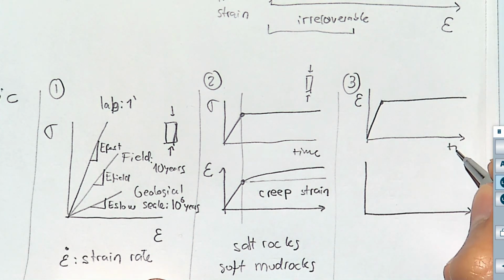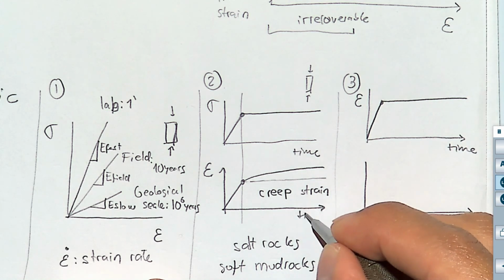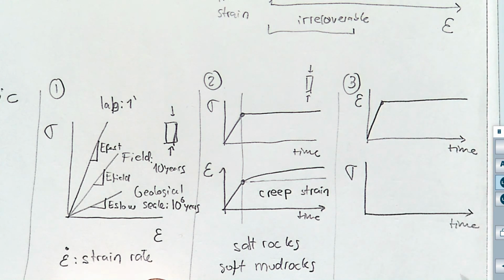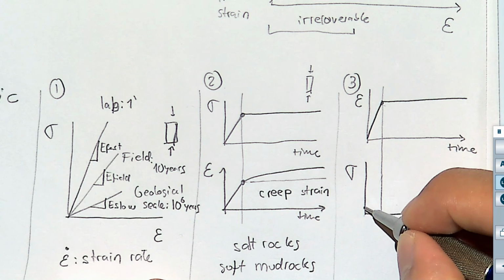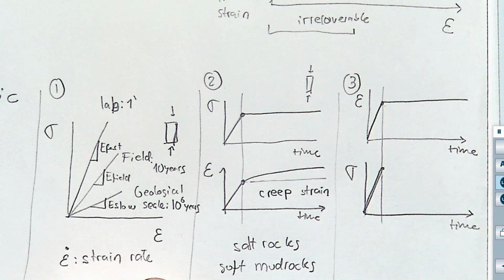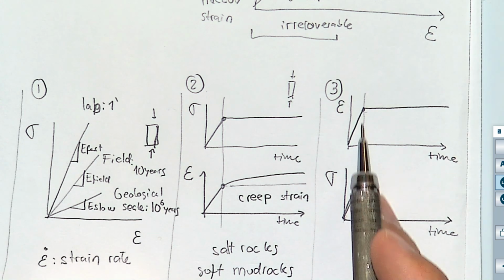The question is, what is going to happen with stress? Well, I know if I compress it, stress is going to go up. But my question is, what happens after that point?